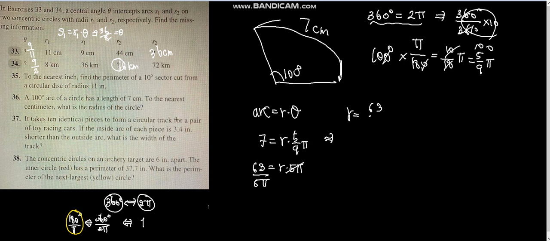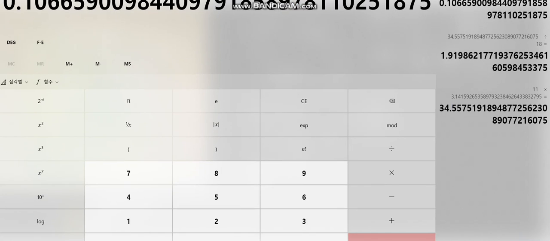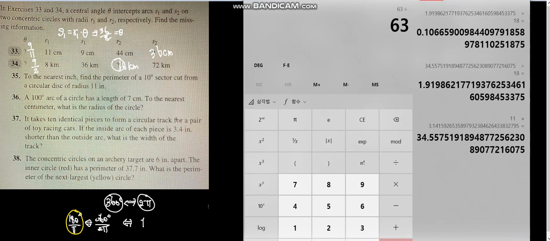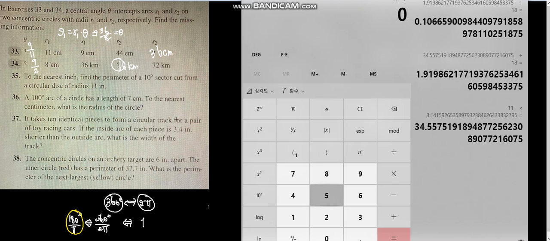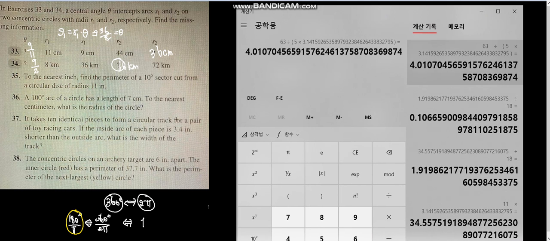Therefore 63 over 5 pi. If you put this into the calculator: 63 divided by, parenthesis, 5 times pi, parenthesis, equals, so you get 4.0107.